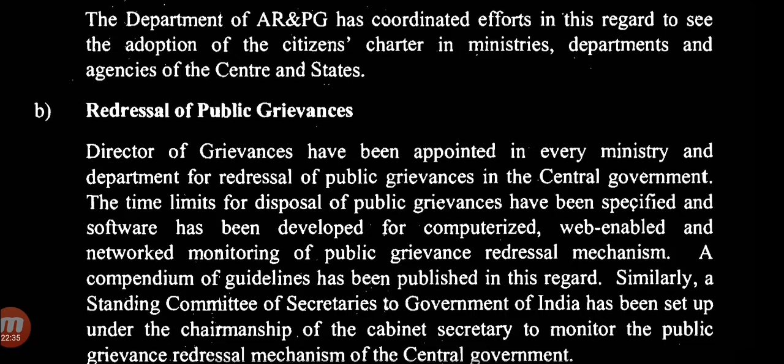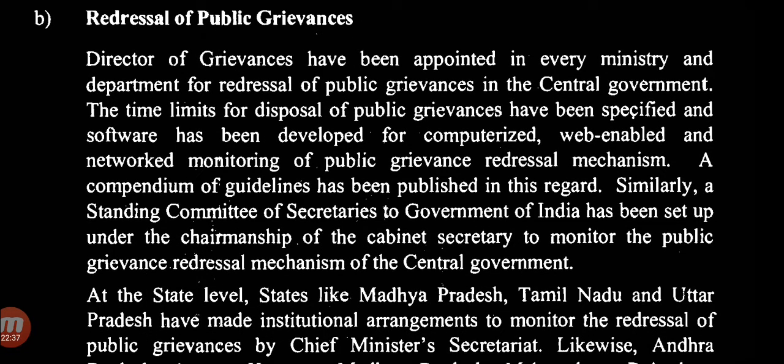B. Redressal of public grievances. Directors of grievances have been appointed in every ministry and department for redressal of public grievances in the central government. The time limits for disposal of public grievances have been specified, and software has been developed for computerized, web-enabled, and networked monitoring of public grievance redressal mechanism.